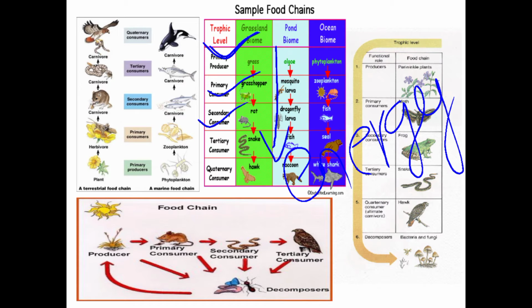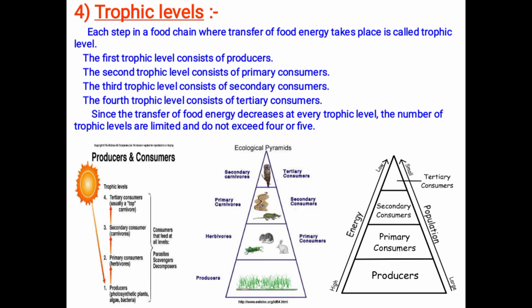Is that energy the same when the grasshopper eats the grass? Will the energy the grasshopper gets be the same as the rat gets when it eats the grasshopper? Regarding the energy flow, we are going to discuss now.